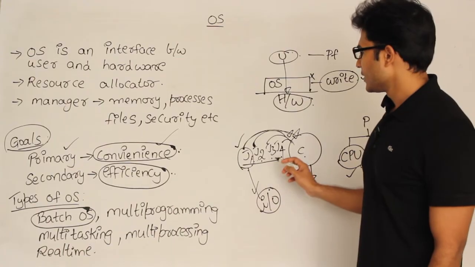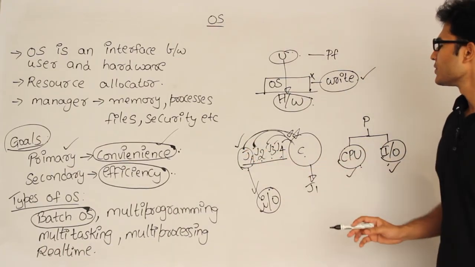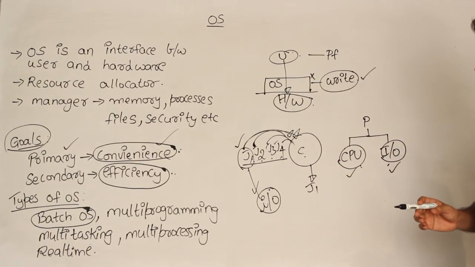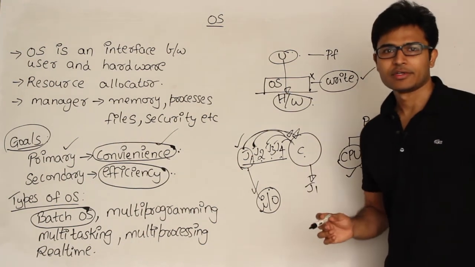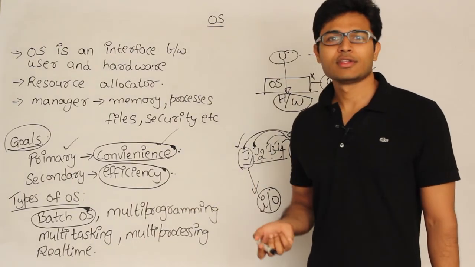So one thing is there is starvation, provided that J1 is going to take a lot of time, and the next one is that efficiency is very less, right? And it is not even interactive. Interactive means a user cannot submit a job and then wait for the response.